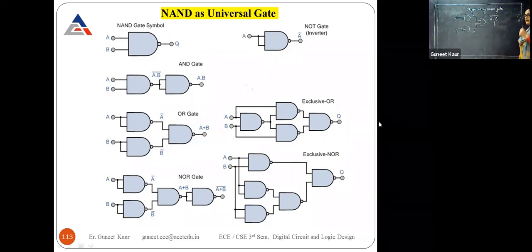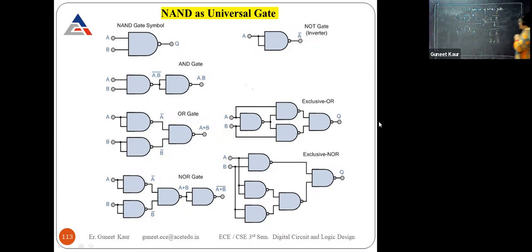Now we will find whether this expression is equivalent to your A plus B or not. Okay. How will it be possible? By using the De Morgan theorem. Apply the De Morgan theorem here. According to the De Morgan theorem, break the bar, change the sign. So A double bar, plus B double bar.